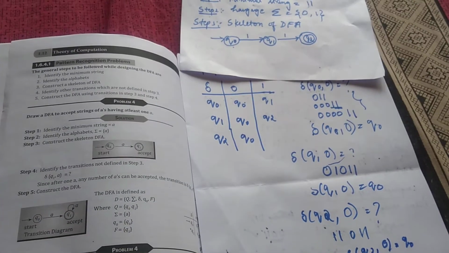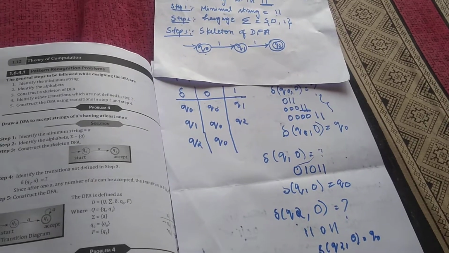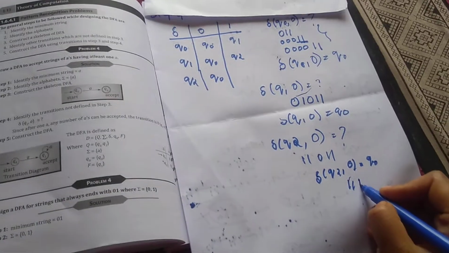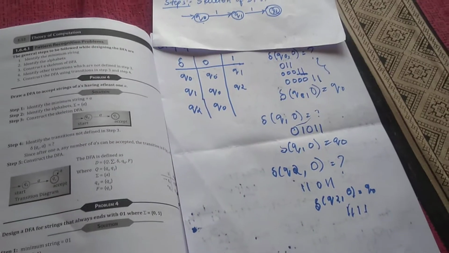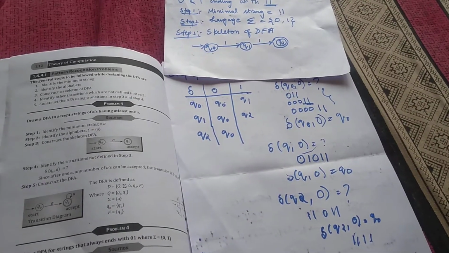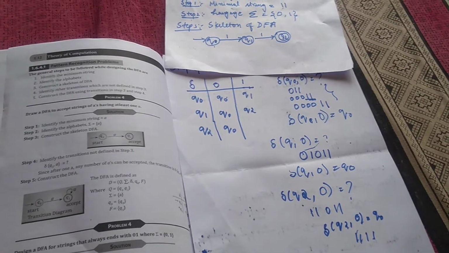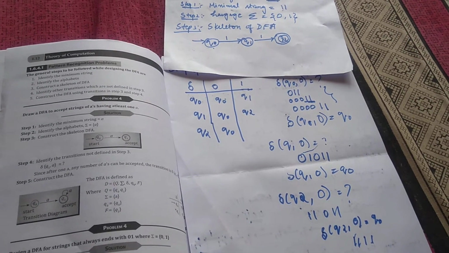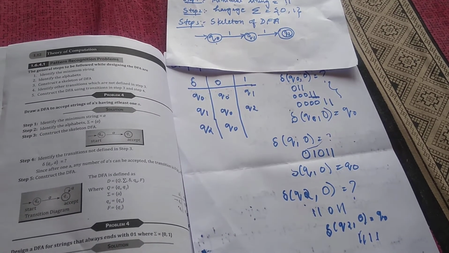Now Q2 upon 1. If we have a string like 1111, that means for any number of 1s at Q2 we should have a self transition.